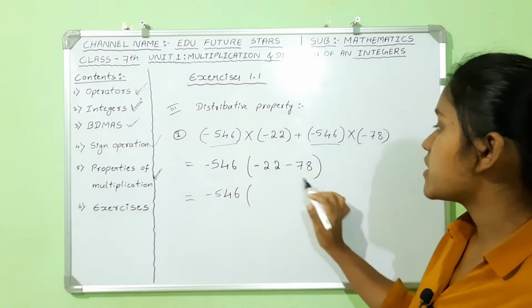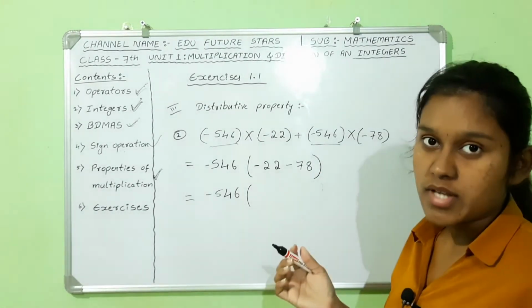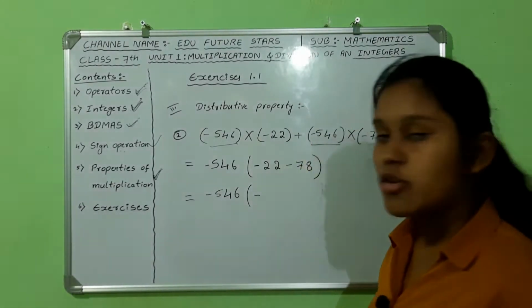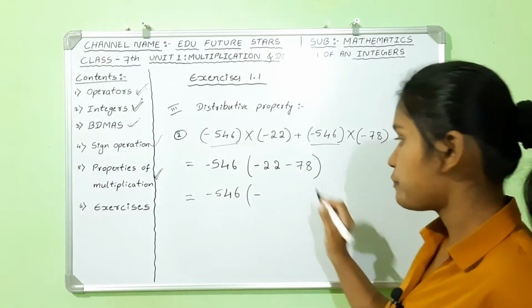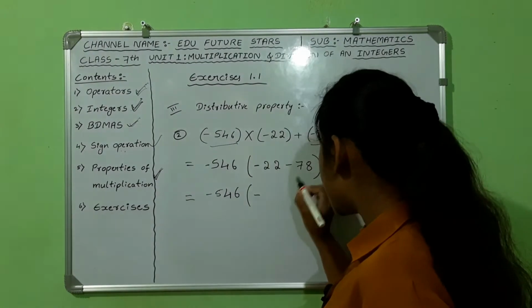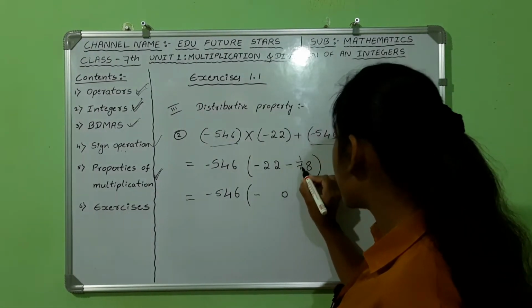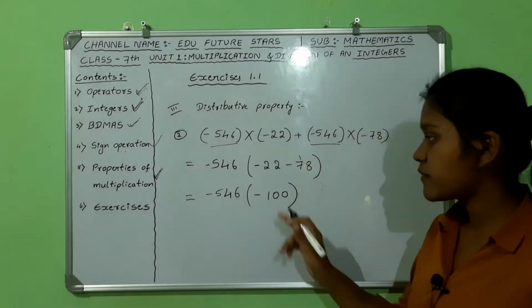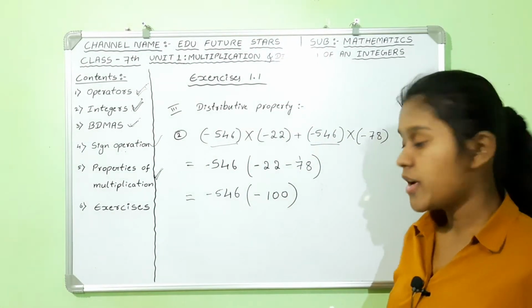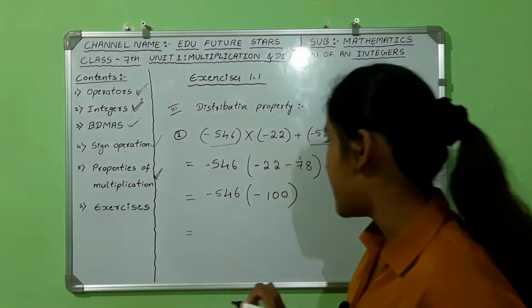Here the greatest number is 78, which has a negative sign. Let me keep that negative sign over here. Let's add these two. So 2 plus 8 is 10, 1 carry, again 8 plus 2 is 10, so 100. So in total we are getting minus 100.